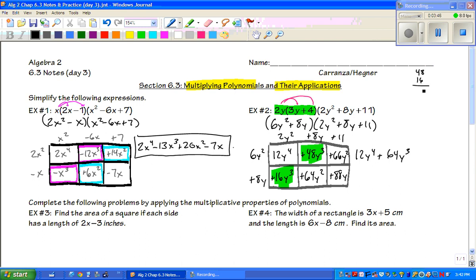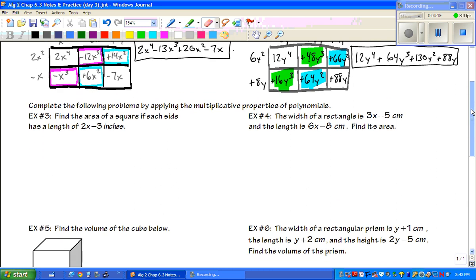Remember, we can't use a calculator. So it's 4, carry the 1, yep, 64. And then 64 plus 66, so plus 130y squared plus 88y. And the last 2 things that I just combined were the y squareds. Okay, so when you're all done, that's your final answer.